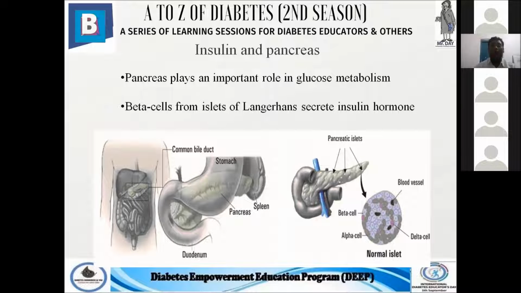So, the human body contains an organ known as the pancreas, which has alpha cells, beta cells, and delta cells, and our cells of interest are beta cells and alpha cells. Beta cells secrete insulin and alpha cells secrete glucagon, and both are counter-regulatory to each other. When there is blood sugar in the blood, beta cells get activated and secrete insulin.